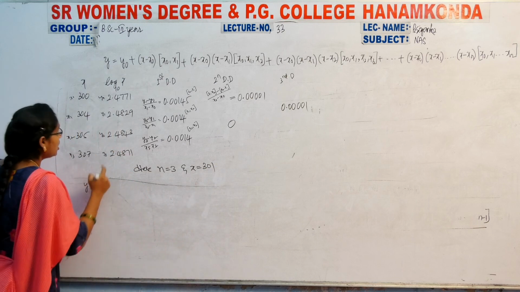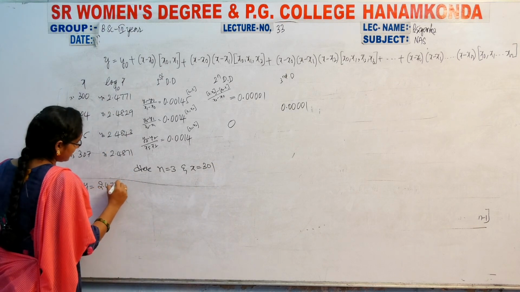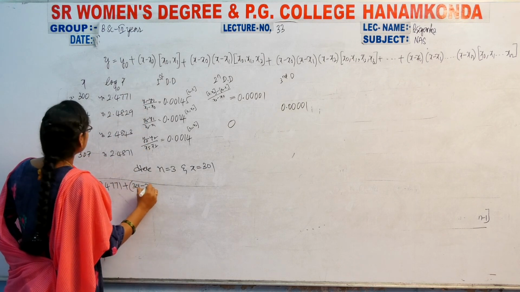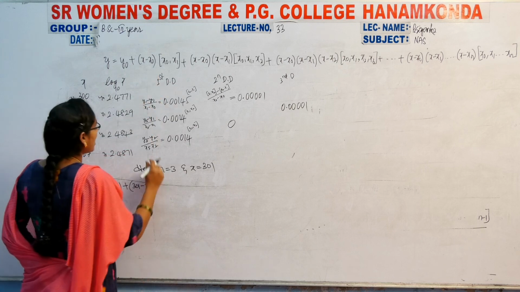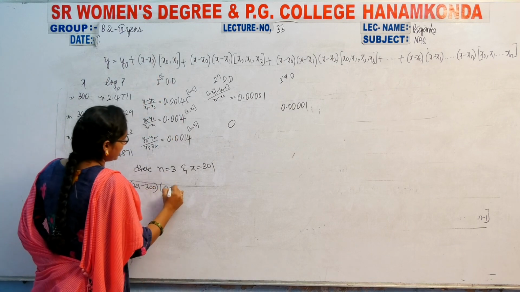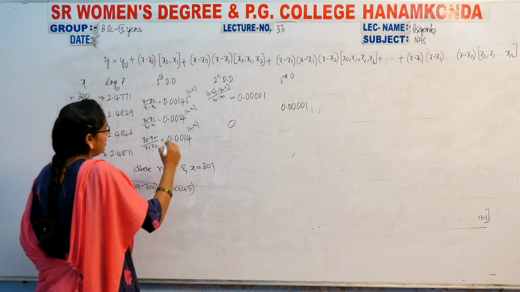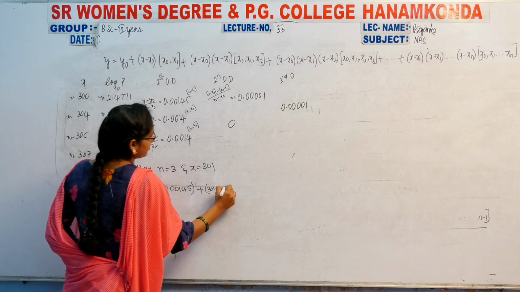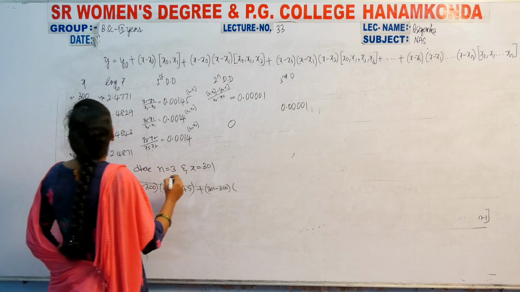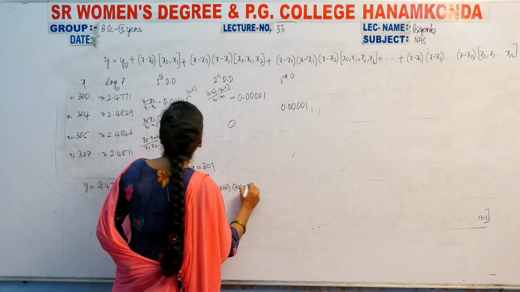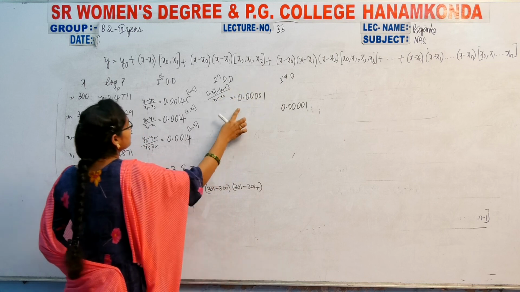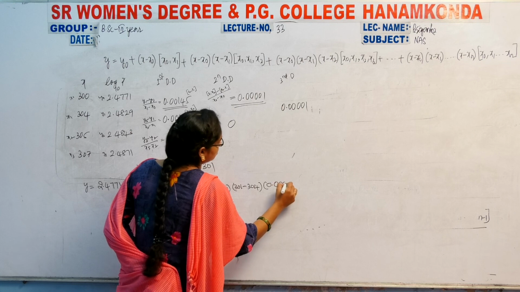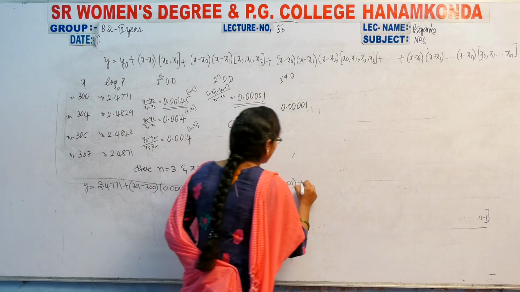Now y equal to y0, that means 2.4771 plus x minus x0, that is 301 minus 300, into the value [x0, x1], 0.00145, plus x minus x0 into x minus x1, 301 minus 304, into this value. Only we have to take this one and this one, 0.0001.